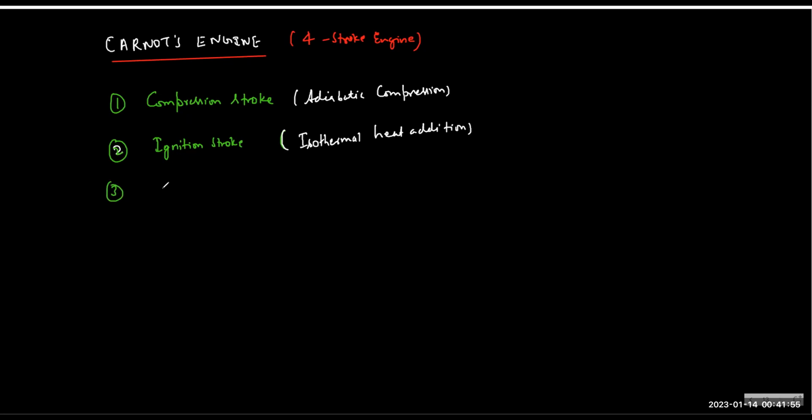The third step is called the power stroke. So in the power stroke, what happens? The fuel has burnt already and now it is going to expand. So we call this adiabatic expansion.